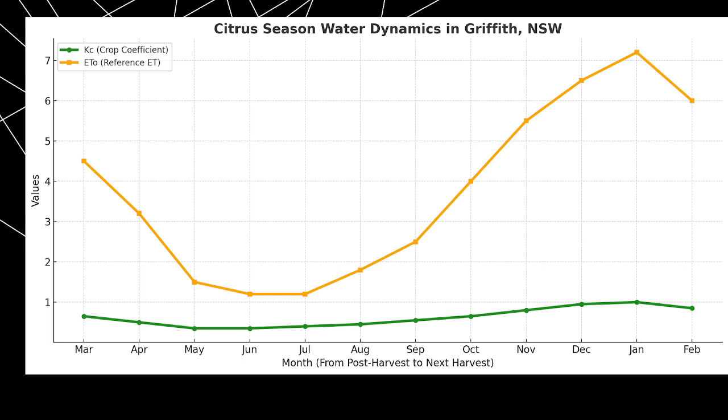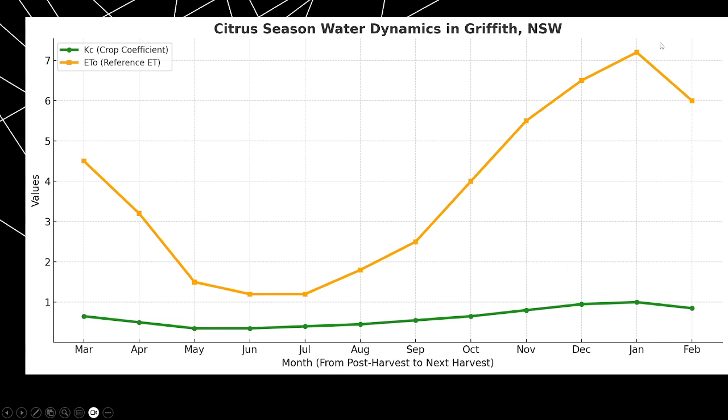So I'm going to conclude our presentation using this image, showing how the crop factor in Griffith for a citrus tree, the green line, may vary against the reference.